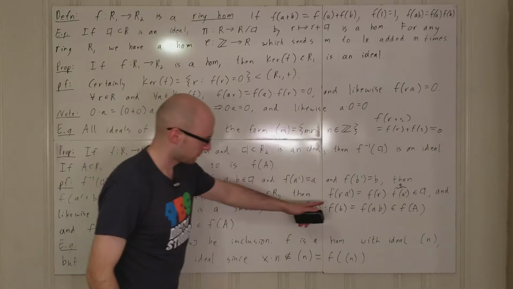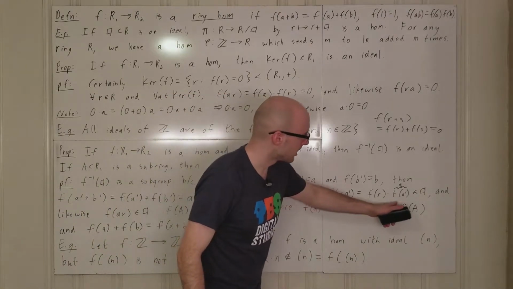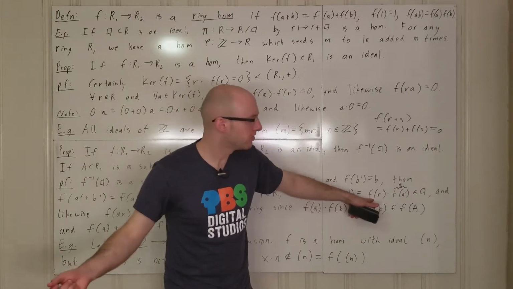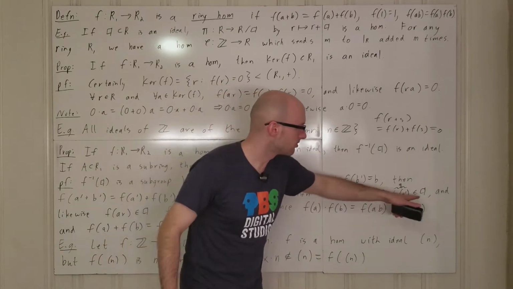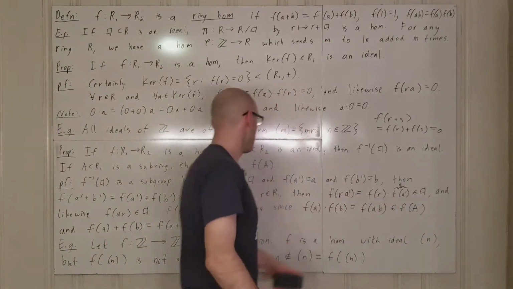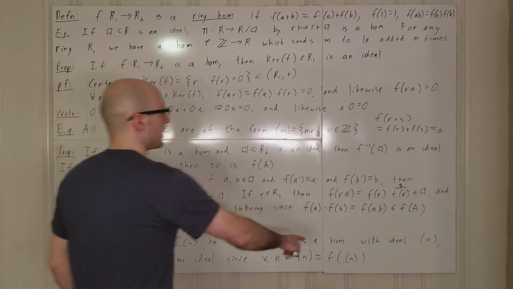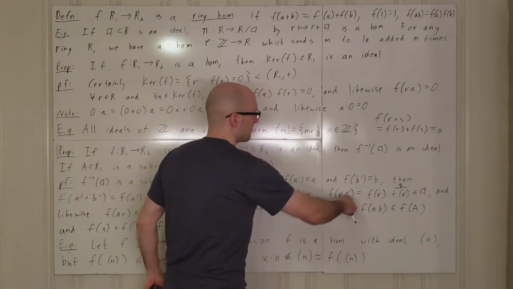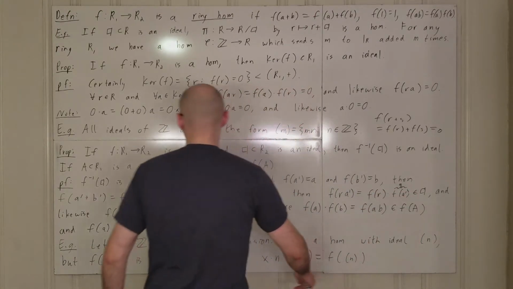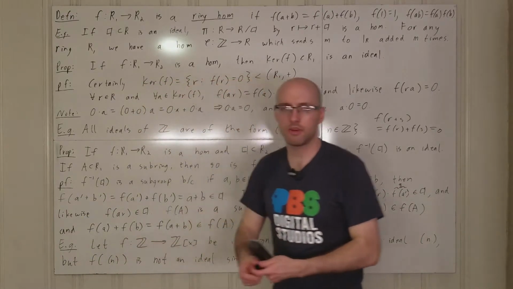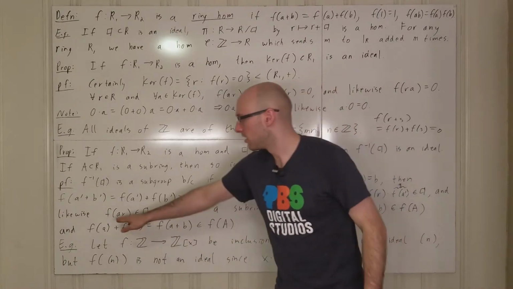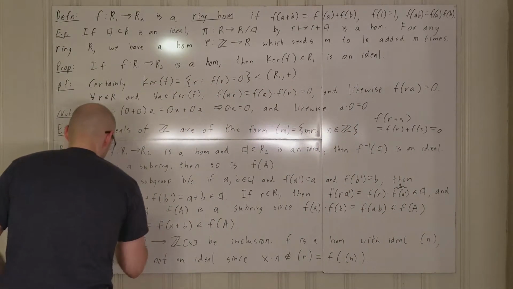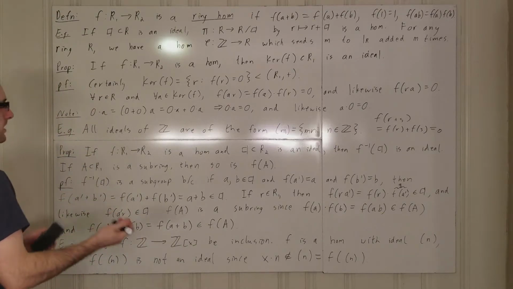Anyways, F of R times A: well, A is an element in an ideal, and F of R is just some element of R2, and so multiplying it will leave us in the ideal A. And so therefore, since F of R times A prime is in A, we know that R times A prime is in F inverse of A. And similarly, by the same argument on the other side, F of A prime times R is going to be in A as well. And so that makes it an ideal.